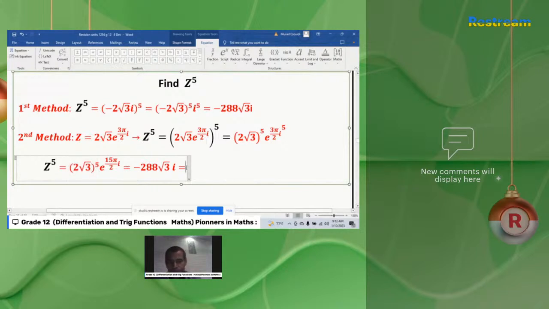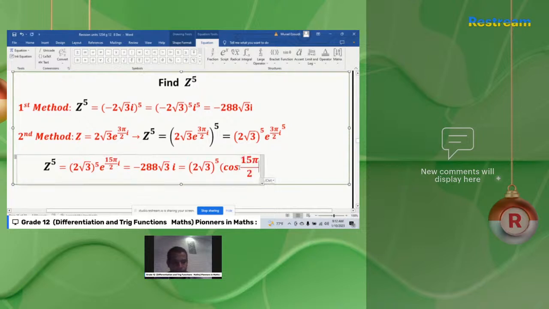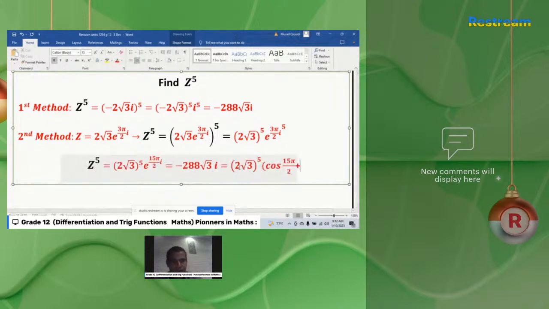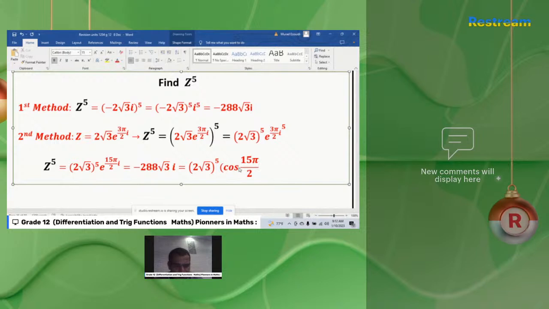It will be 2 root of 3 to the power 5 multiplied by cosine of 15 pi over 2 plus i sine of 15 pi over 2, then close the parentheses.